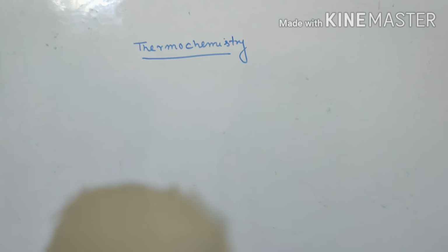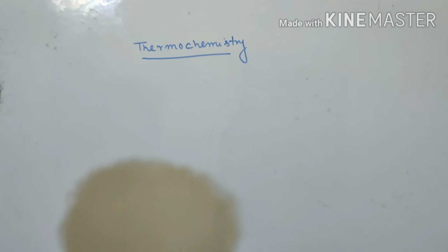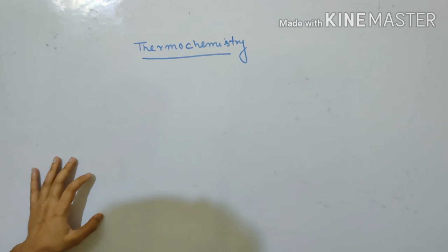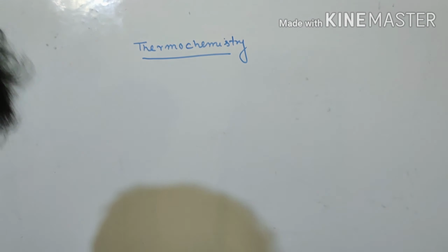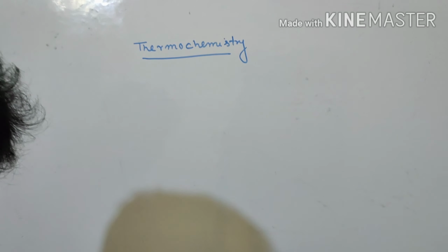So meanwhile, I have chosen a topic which I think all of you will find easy to deal with. That is thermochemistry. I have not discussed this topic in enrichment classes in class 11, but the topic is known, of course. So without further wasting time, let us start discussing the problems.